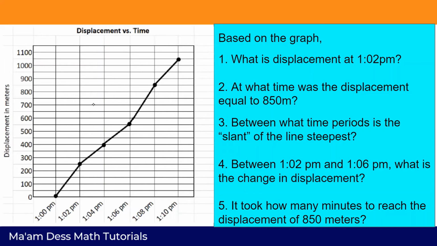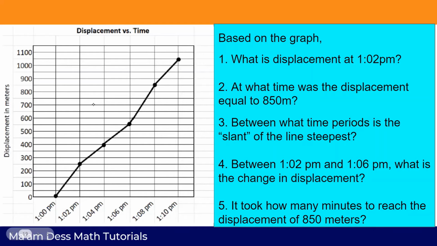Ayan. So in the vertical axis, the displacements in meters. And then sa horizontal axis, we have the time. Okay, so from here, 1 p.m., 0. 1:02 p.m. we have, okay, so 200 to 300. So yung gitna, ano po kaya? In between. So we have, okay, look at this.